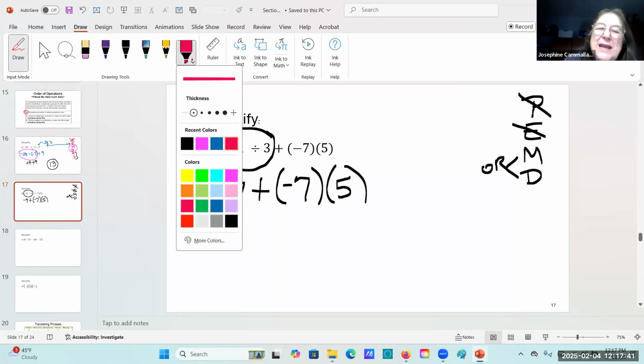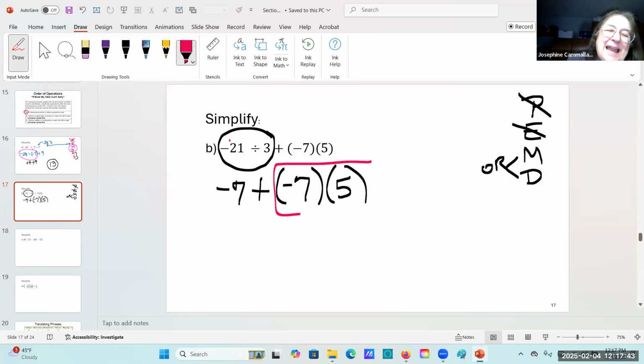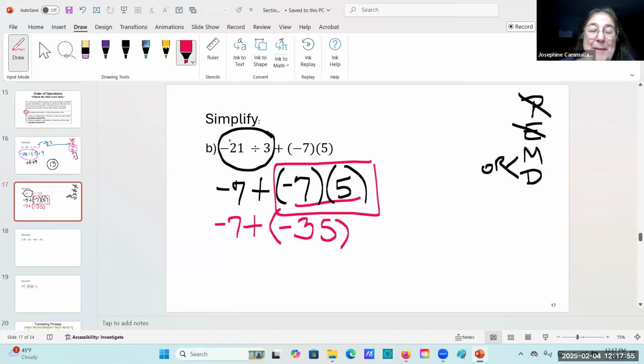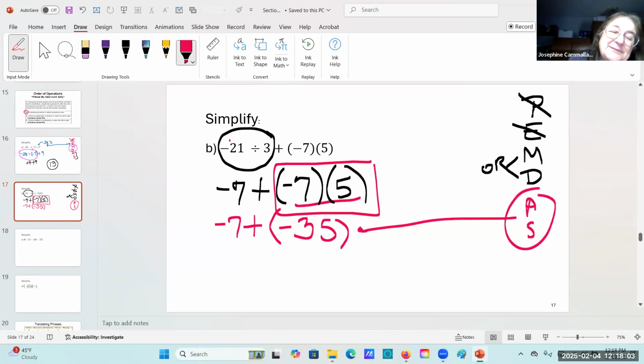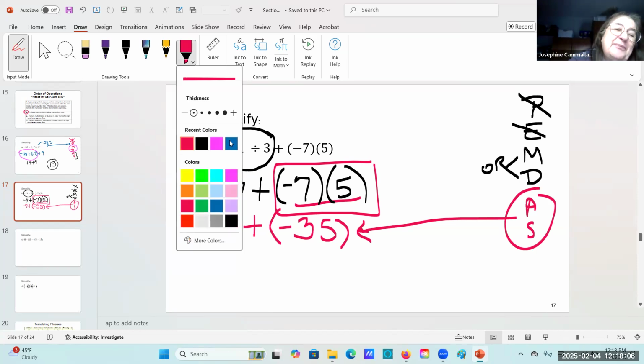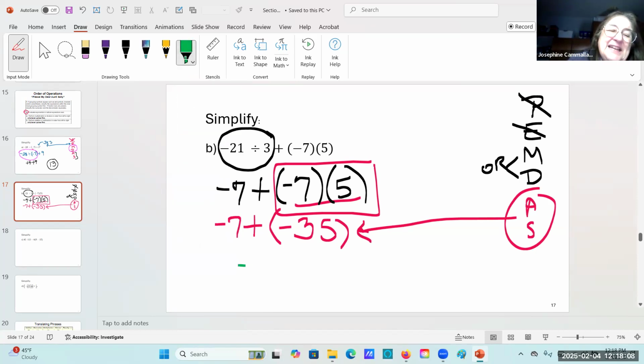Now we multiply -7 plus. Now we're going to put these two in parentheses, -35. The reason is we're combining them. And then, lo and behold, add or subtract this line, -42.